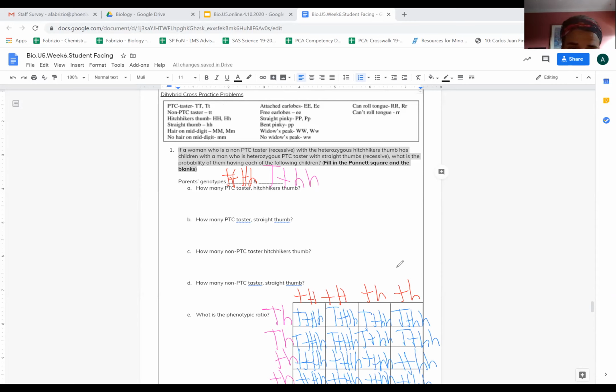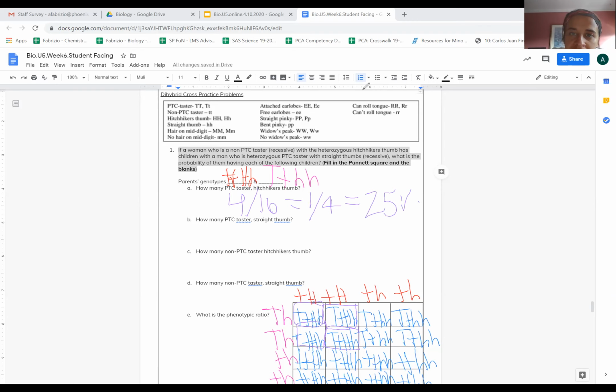So we see that we have one here, one here, one here, and then I think that's all we have. So we have 4 out of 16, which is 1/4, which is 25%.